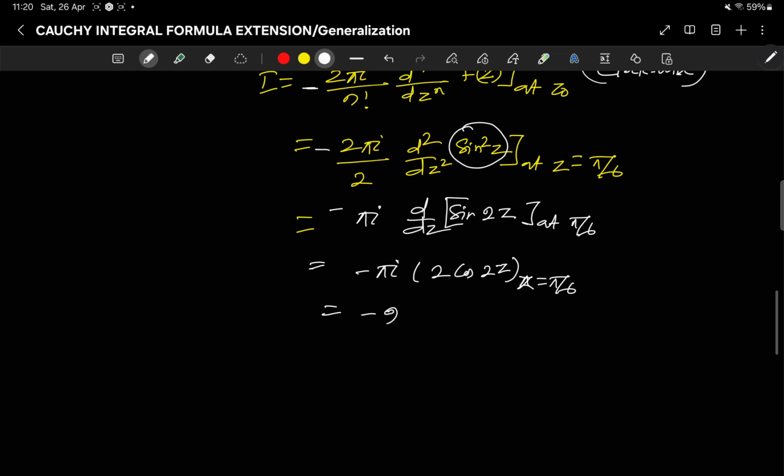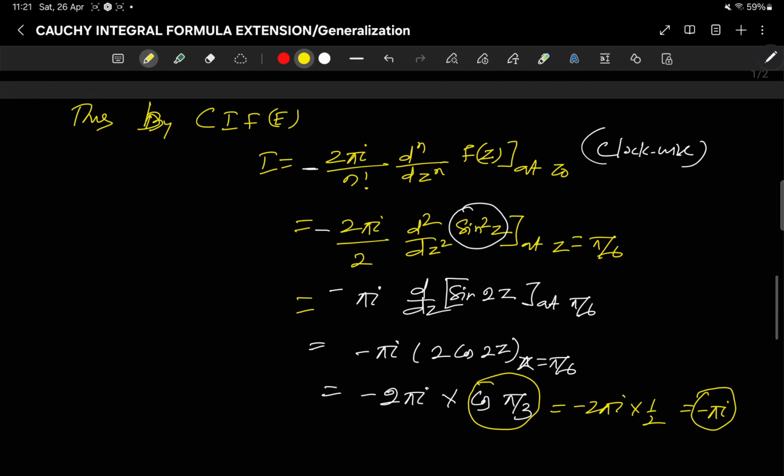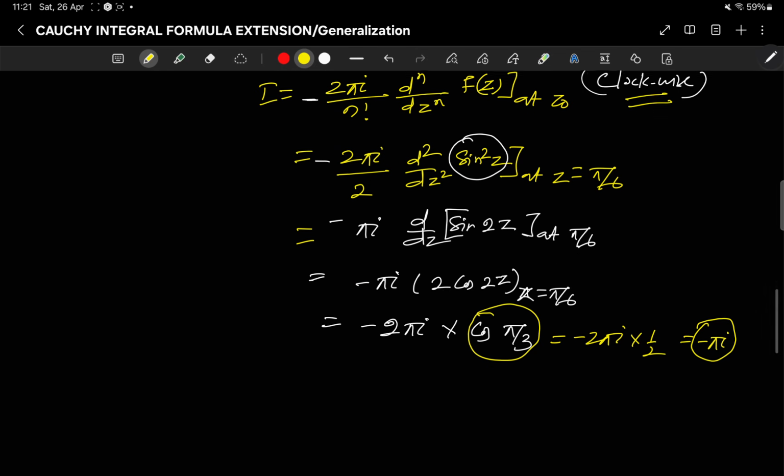So this is equal to minus 2 pi i into cos pi by 3. Cos pi by 3 is half, so minus 2 pi i into half. So this is minus pi i, because this integral is clockwise, so we have a minus sign.